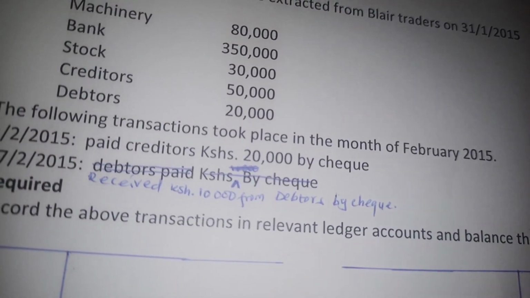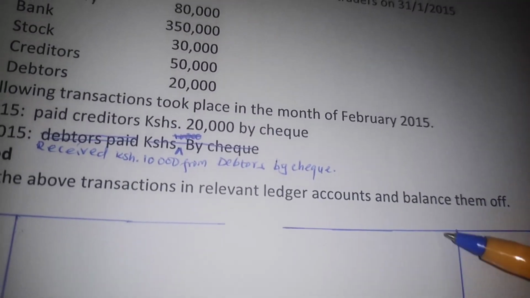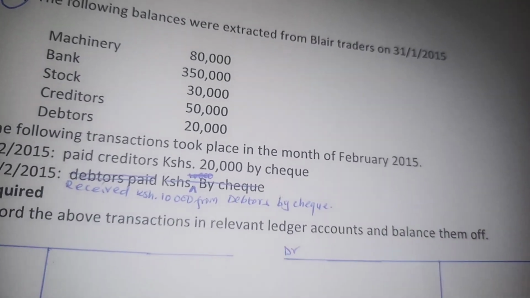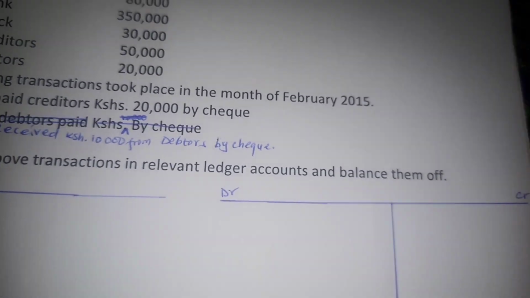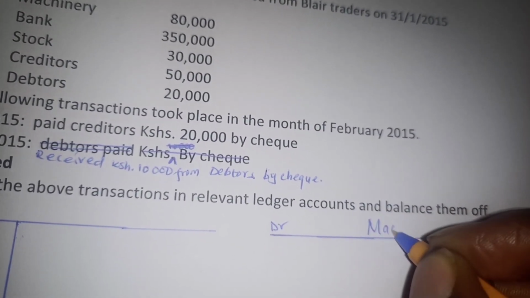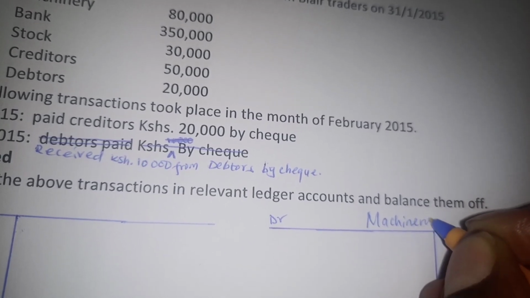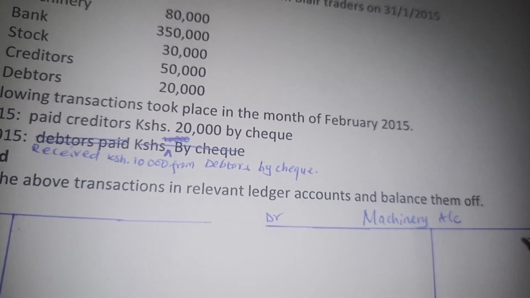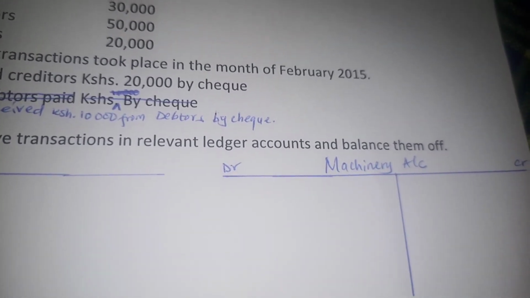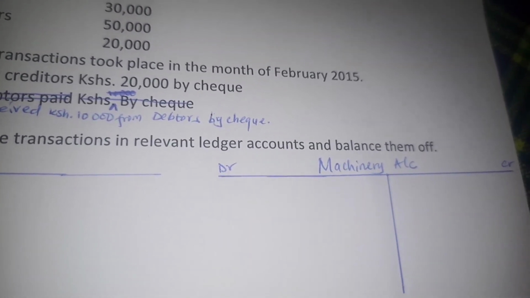So ledger accounts are in the form of a capital T, whereby this is the debit side and that's the credit side. So we have the name of the account, machinery account. You can abbreviate account as A/C.